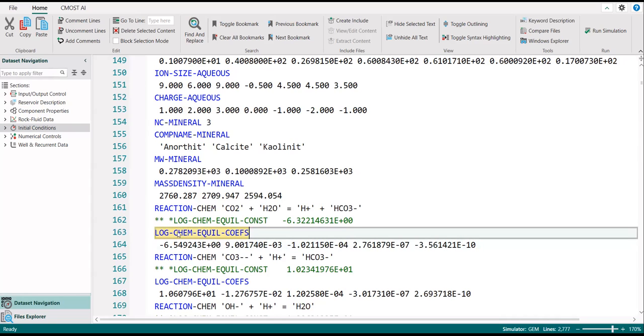Okay, log chem equil coefficients, right? It's a bit complicated. Actually it might be complicated, but it is calculated with a fourth order polynomial in temperature. Yeah, whatever, we can just follow what the CMG gives for us.